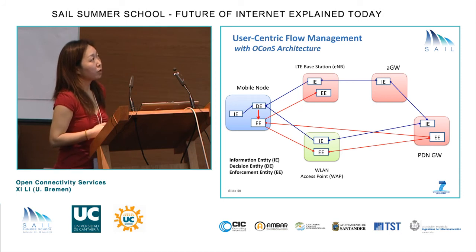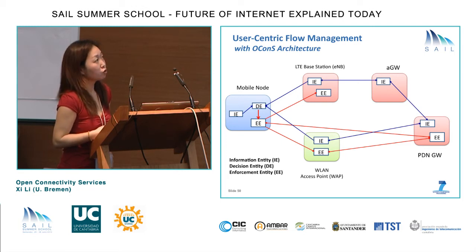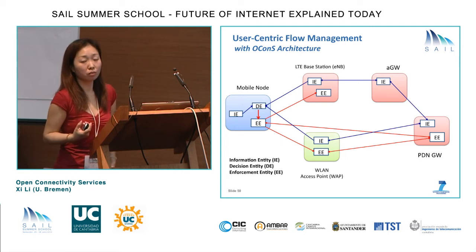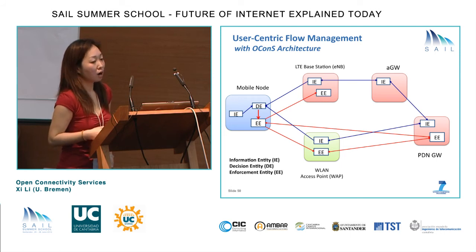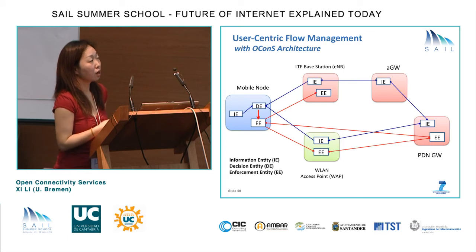With the collected information, the decision is made, and the outcome is passed to the enforcement entity, which executes the decision in terms of how you associate the interface to a certain network, and how you distribute the application flow by choosing different network capacities according to different technologies.